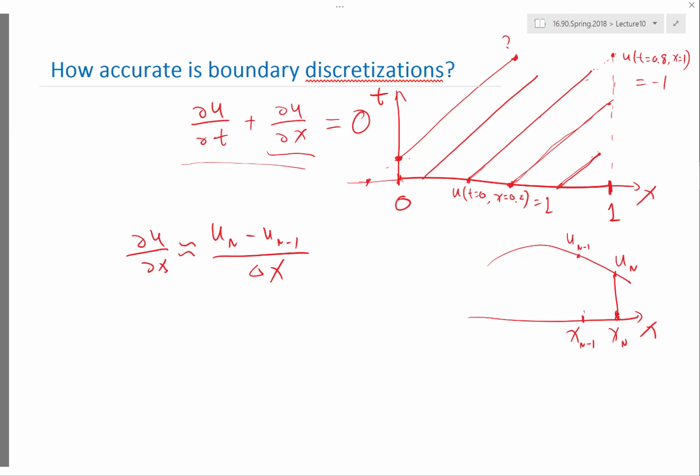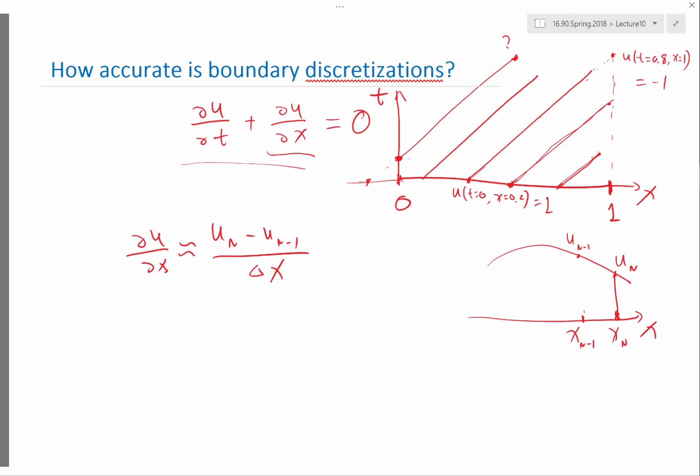A good idea is to make sure every approximation in your solver is the same order at least. If you want a second order solution, make sure everything is second order, including the boundaries.